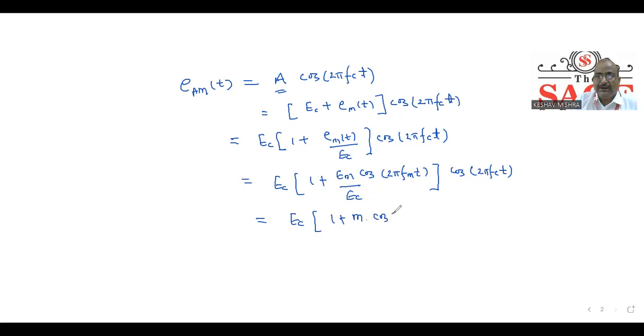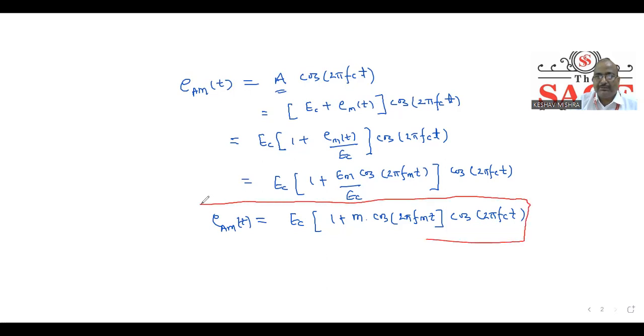This is the AM signal in terms of modulation index, where m is the ratio of the amplitude of the modulating signal to that of the carrier signal. This is the expression obtained by the modulation process.